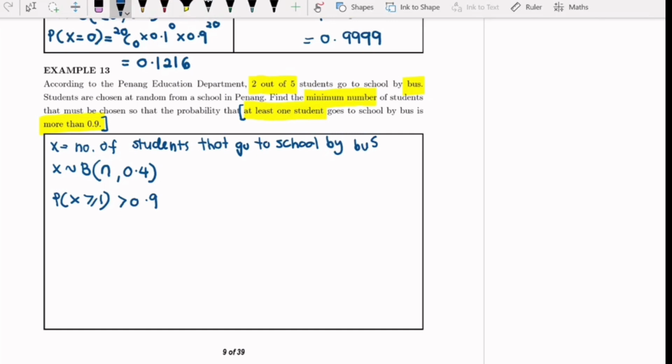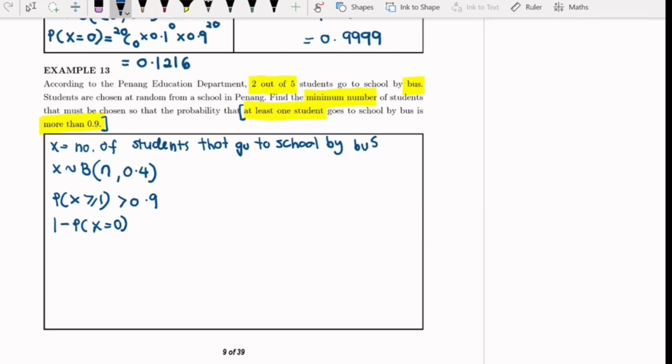Now what we can do is change P(x greater than or equal to 1) to 1 minus P(x equals 0). Why can we not straight away use the table? Because we don't know what n is, so we don't know which page we want to use.